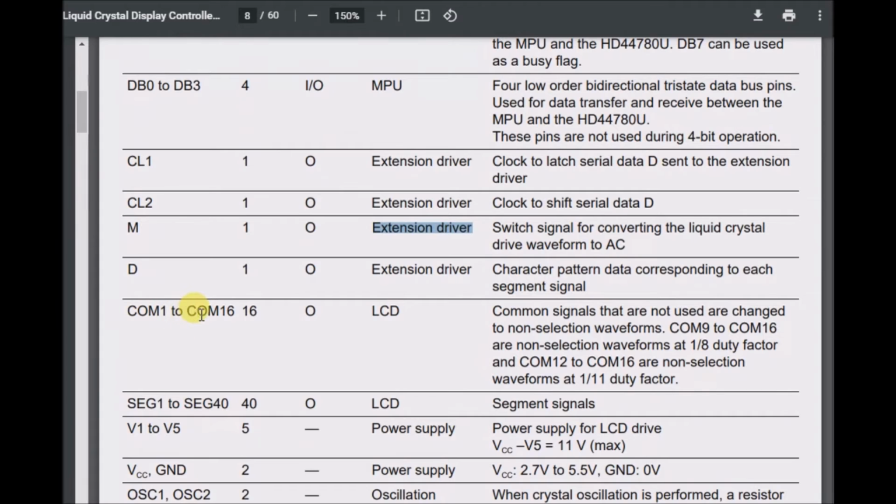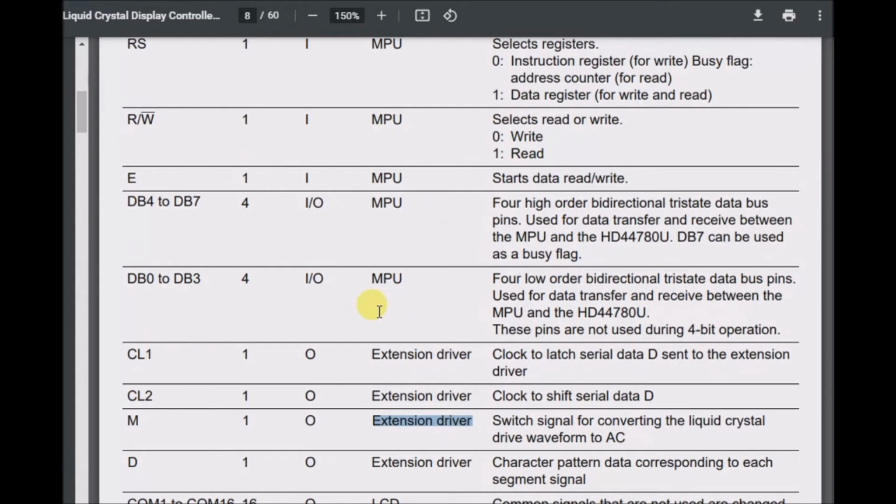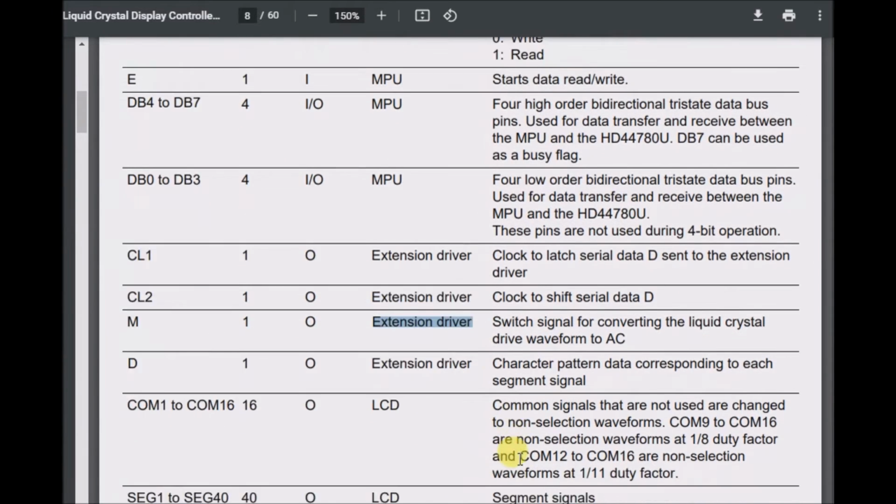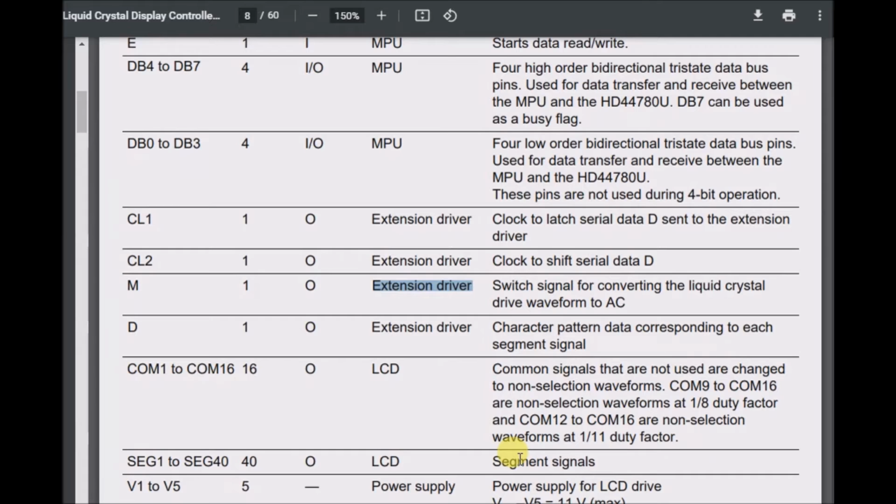COM1 to COM16, 16 lines, output, interfaced with the LCD, common signals that are not used are changed to non-selection waveforms. COM9 to COM16 are non-selection waveforms at 1/8 duty factor, and COM12 to COM16 are non-selection waveforms at 1/11 duty factor.